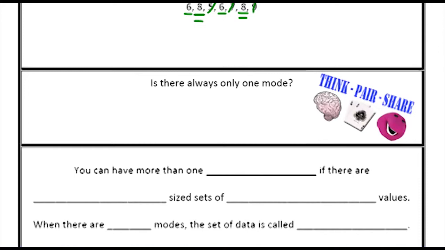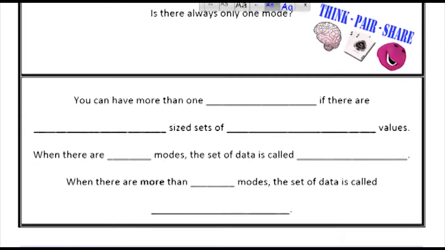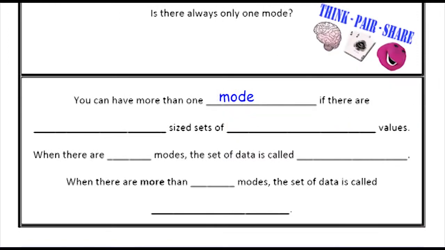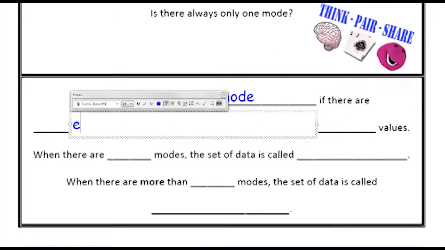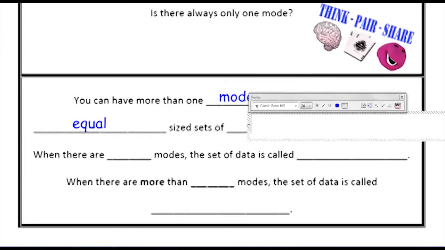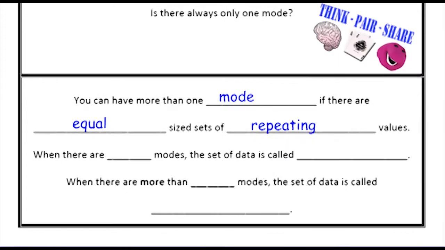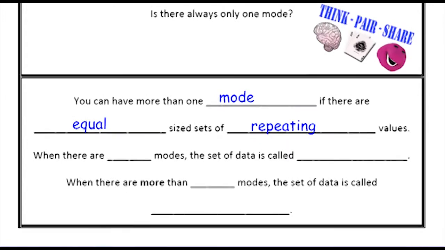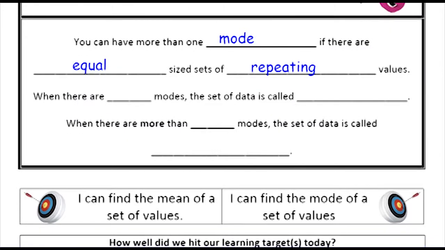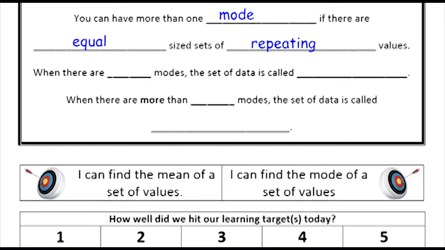You can have more than one mode if there are equal sized sets of repeating values. Just like in this case, there's equal size, 2 6s, 2 8s, equal size repeating sets.